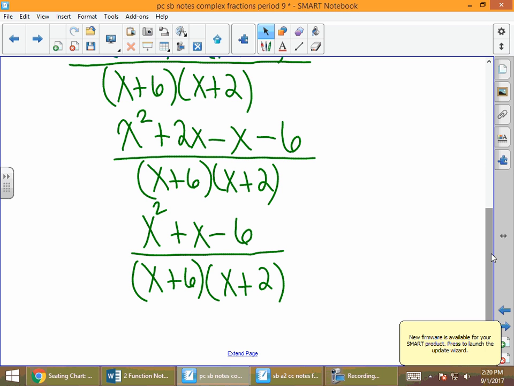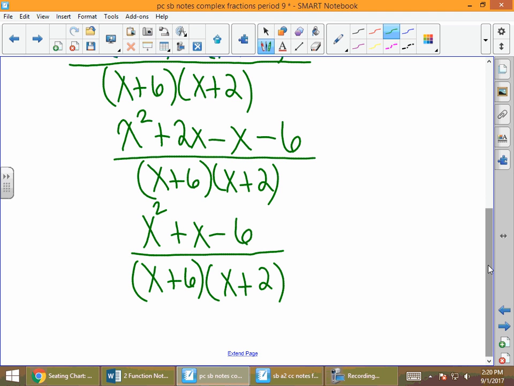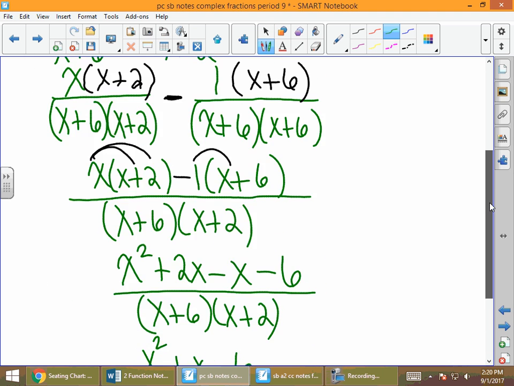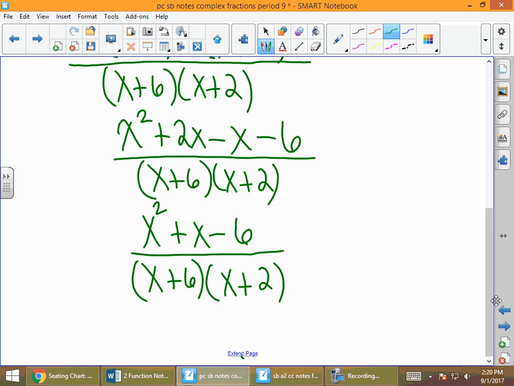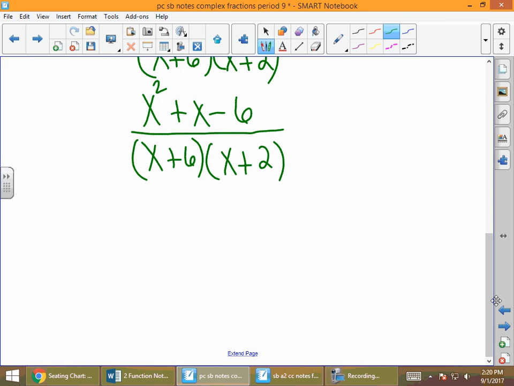The question is, do you think we can factor that top numerator? And it looks like we can. I'll go underneath still. We've got x squared and we've got minus 6.